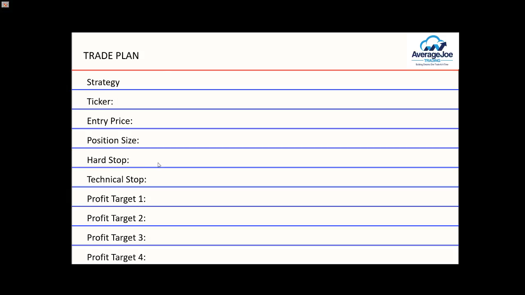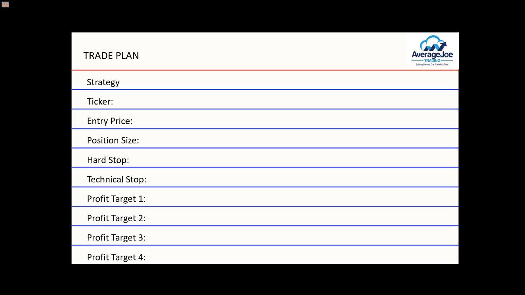But the stocks that we trade typically should not move like EXAS moved today. That's why I trade stocks with larger floats, because I don't like stocks that move that way. So you will have time to jot down your entry price and your position size.